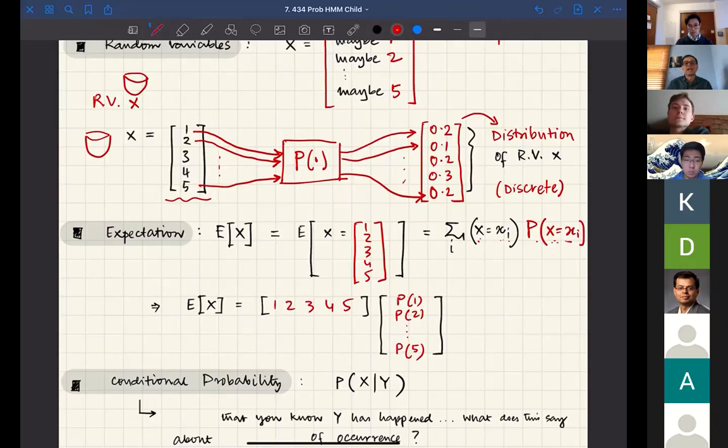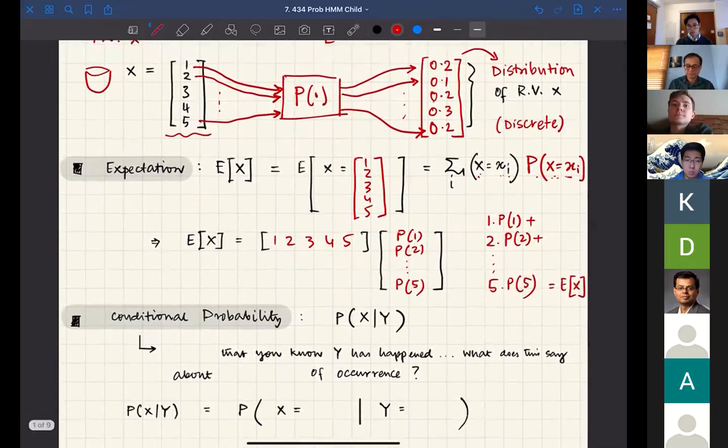The dot product will add up all the values. So this is 1 times P1 plus 2 times P2 plus so on, 5 times P5. That is the expected value of x. You know this pretty much, right? And remember, this is the distribution. Very good.